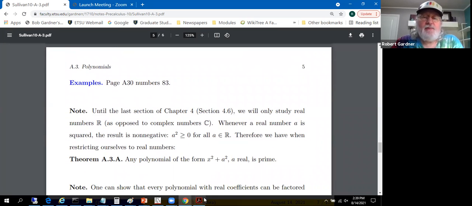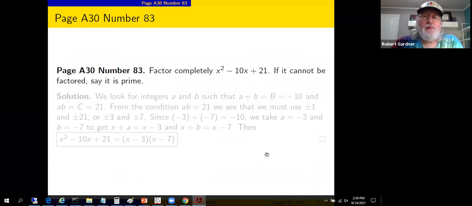Let's illustrate that with an example. Number 83 says factor completely x squared minus 10x plus 21. If it can be factored, it can. So I need a good example of something that we can do at this stage.